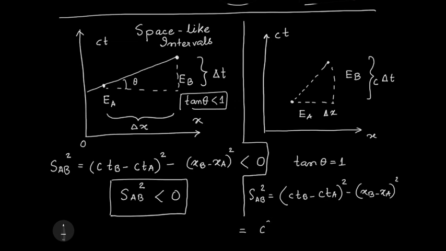Let us manipulate it a little bit. Let me take c squared and (t_B minus t_A) squared common, the first term. So I get 1 minus (x_B minus x_A) by (t_B minus t_A), that's like a velocity. So 1 minus v squared by c squared.